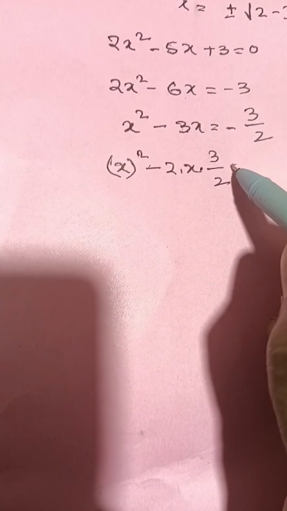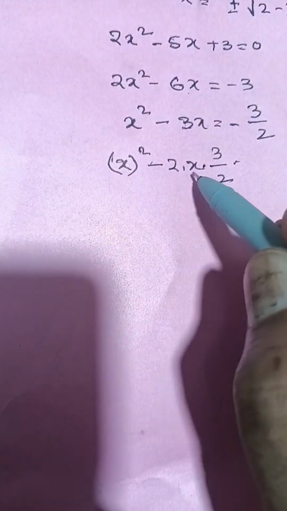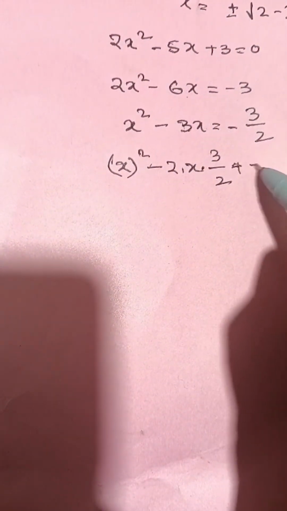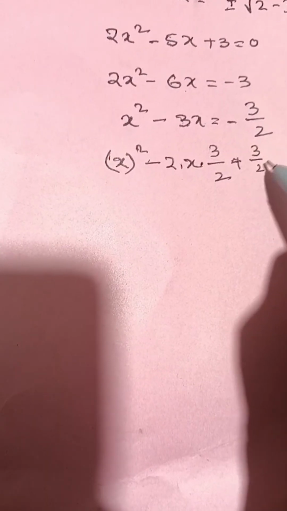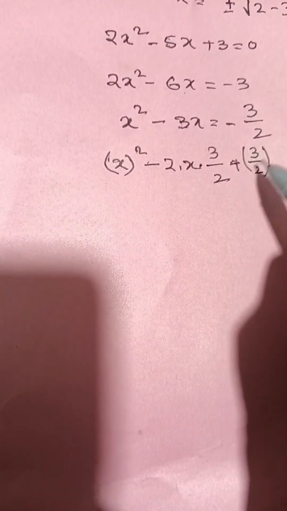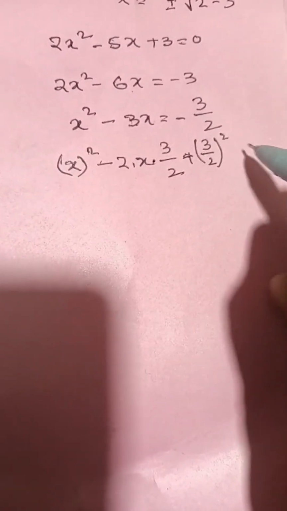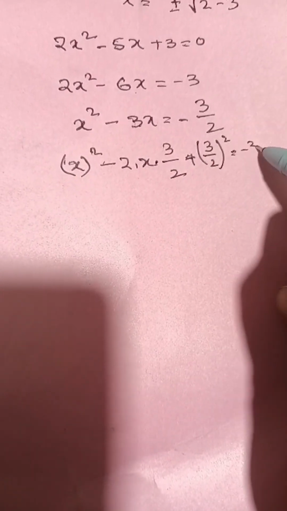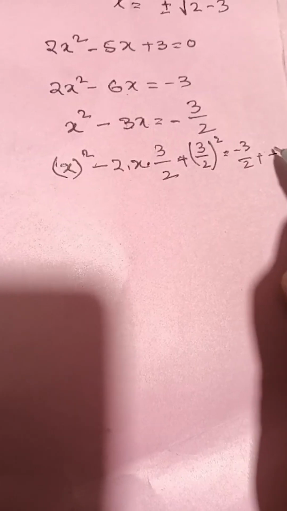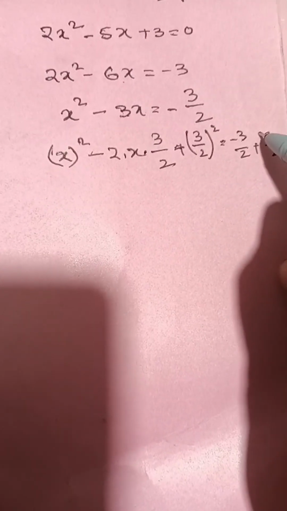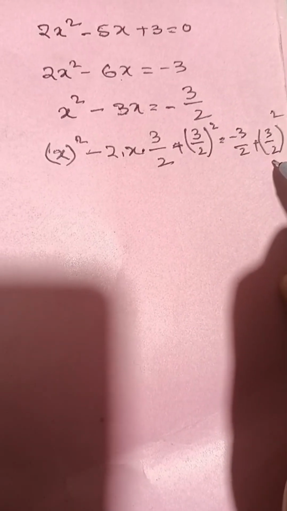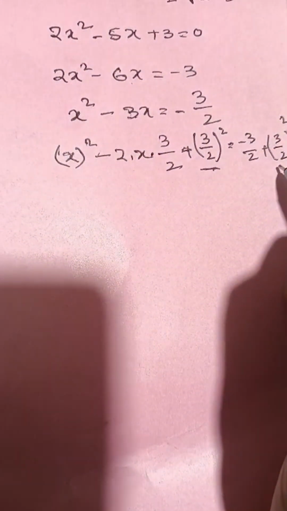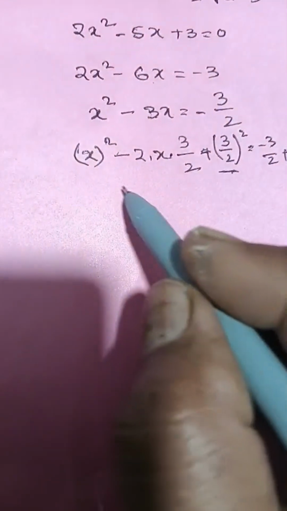That is, now you write it in the form of a square minus 2ab plus b square, that is equal to minus 3 by 2 plus 3 by 2 whole square. We have written 3 by 2 whole square extra on this side, so you have to add 3 by 2 whole square on that side also.